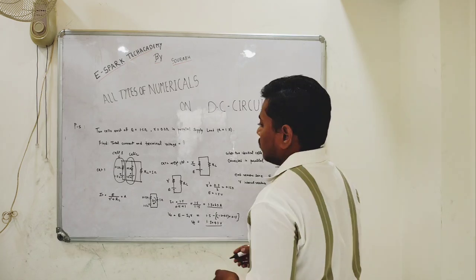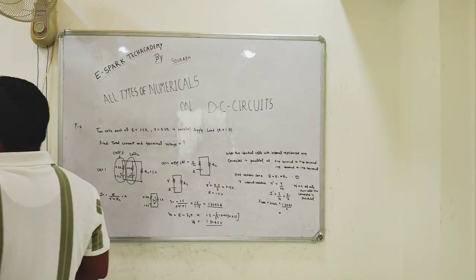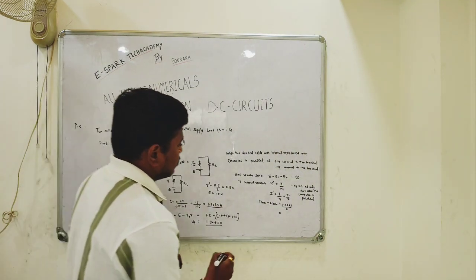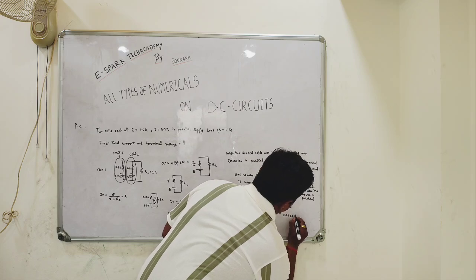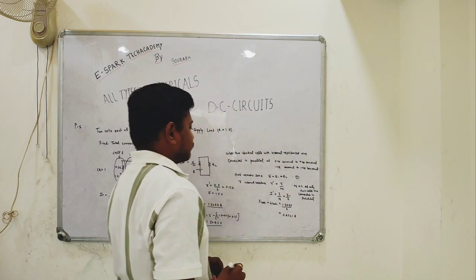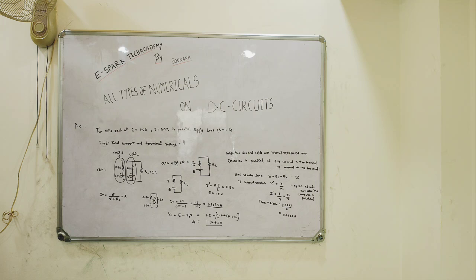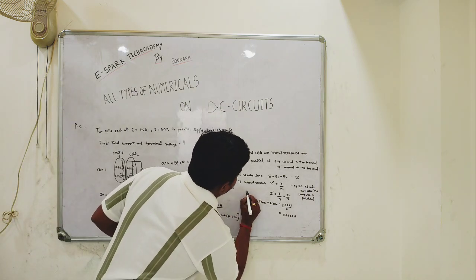The answer will be somewhat 0.6521 amps, the current through cell 1 and cell 2. Voltage remains the same, but current gets divided.